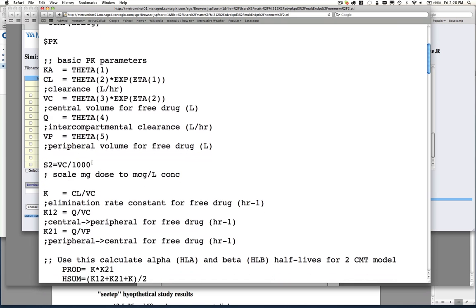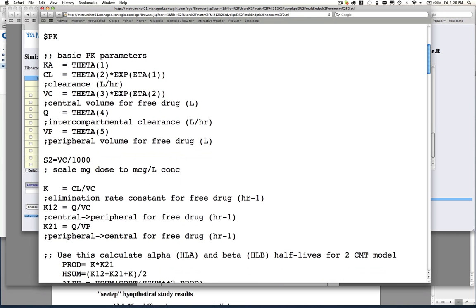Another thing that I did not do on this is go full out on inter-individual variances. In this case, they're just on clearance and central volume. Again, depending on your data, you may want to explore covariates, etc., and additional inter-individual variability.